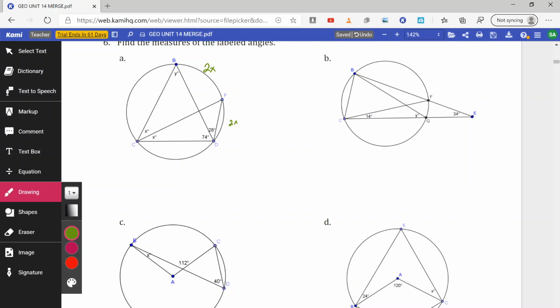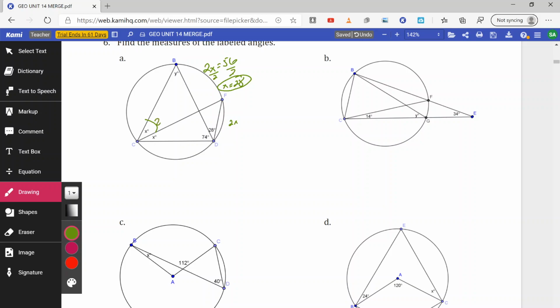Now, fortunately for us, if I take a look at angle FDB, we have an inscribed angle of 28, meaning arc FB has to be double 28. So that's going to be 56. So 2x equals 56, which means if I divide by 2, x is going to be 28. So therefore, I have now found the value of x. X equals 28.